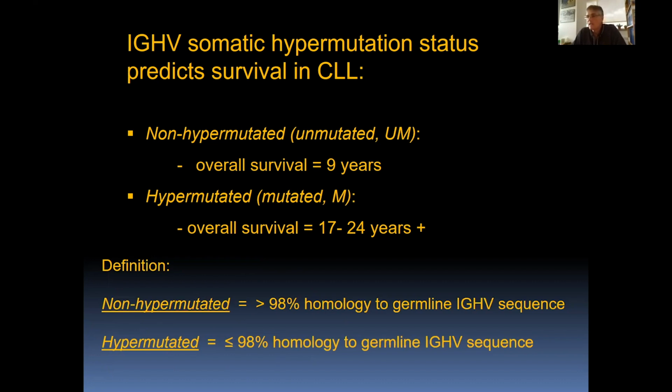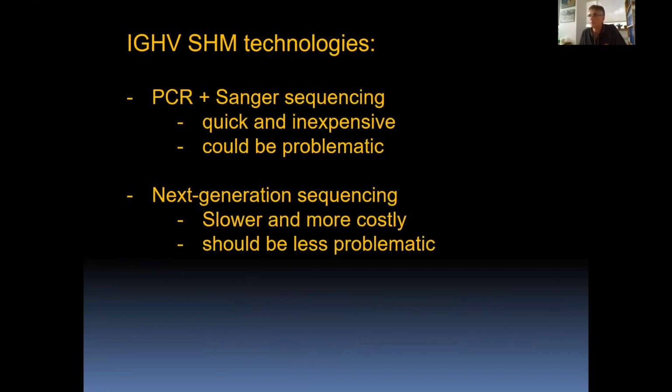All we need to do is to sequence the V region of that hypermutated state and see if it differs by more than 2%. If it differs by less than 2%, it means that it is 98% homologous to the germline version. Then this is a non-mutated state or unmutated state, and it's a poor prognosis. If the sequence has less than or equal to 98% homology to the germline V sequence, then we call this situation a hypermutated or a mutated state, and this is actually a good prognosis.